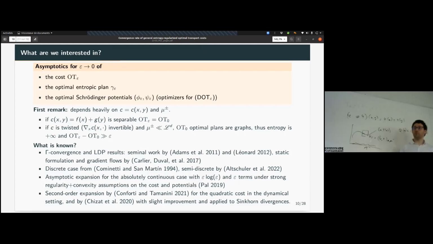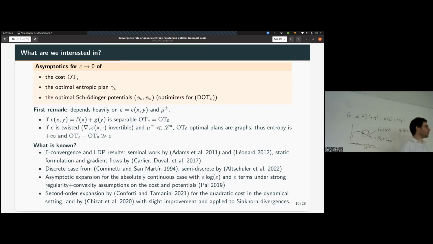You have very precise results in the discrete case, which follow from much older works on linear programming problems. In the semi-discrete case, you have results by Lugar, and in the purely absolutely continuous case, you have some theorems with epsilon, log epsilon, and epsilon terms.